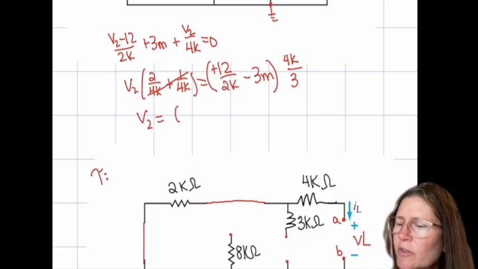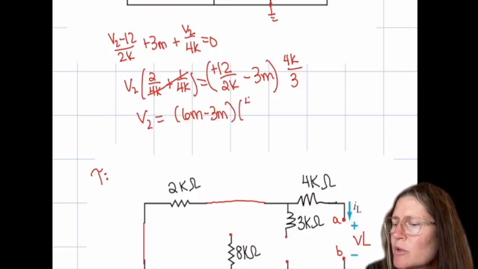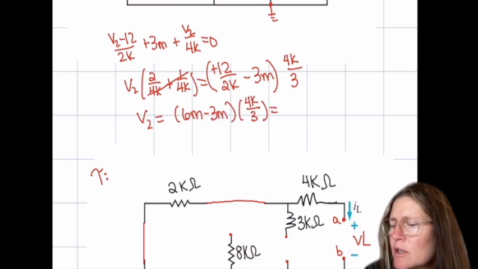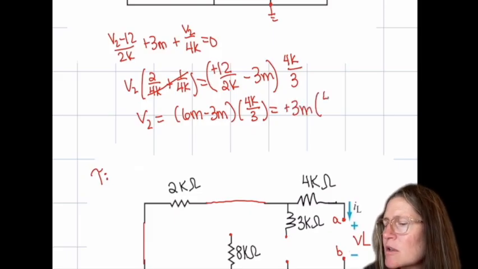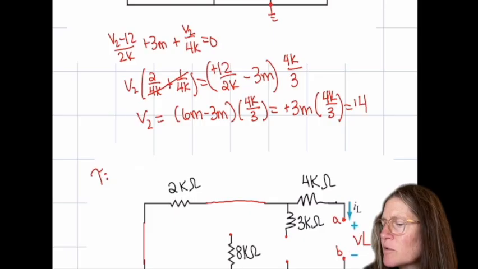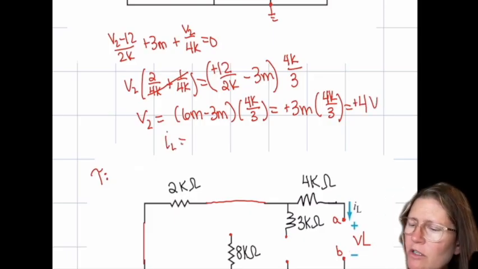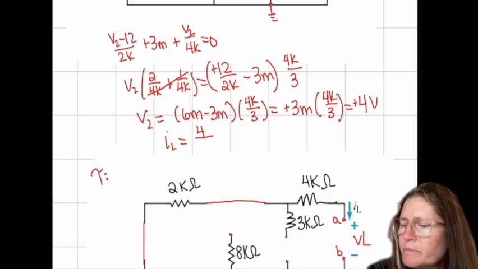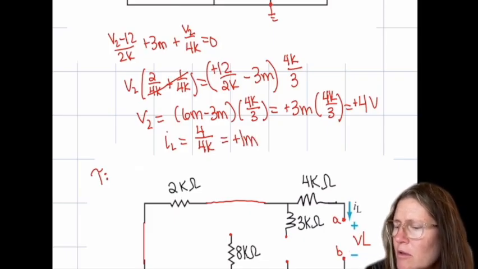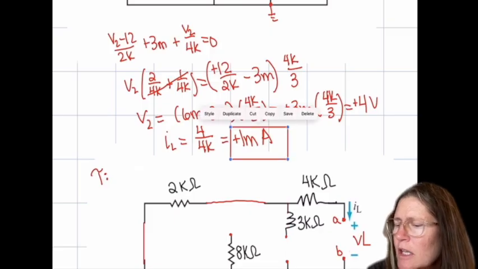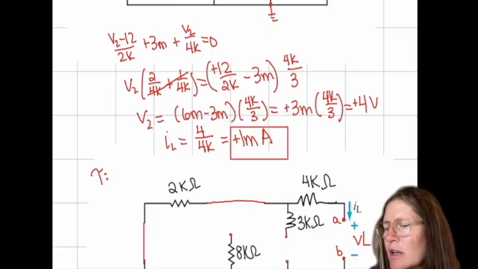So this became 6 milli minus 3 milli, times 4k over 3, to give me a value of plus 3 milli. And so V2 becomes plus 4 volts. And then IL is going to be plus 4 volts over 4k, for a plus 1 milli. Sorry about that error. That did get corrected, so that's a plus 1 milliamp.